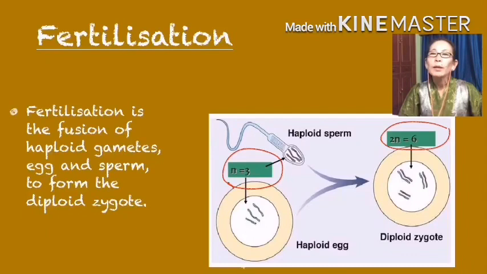Now, by definition, if a cell has 2 copies of a chromosome, or a pair of homologous chromosomes, it is called a diploid cell. And hence we can conclude that the zygote is a diploid cell. So to put it simply, fertilization is the fusion of 2 haploid gametes to form a diploid zygote.